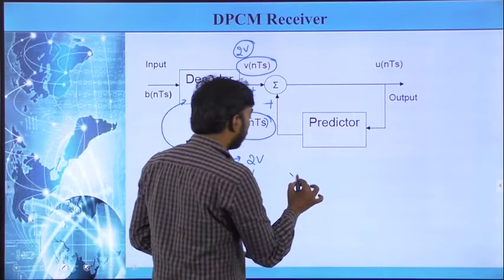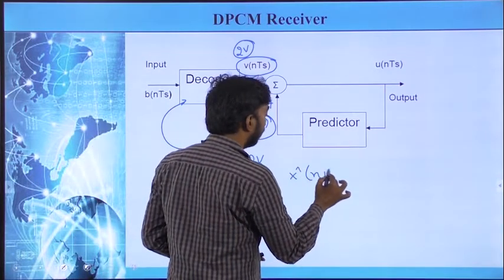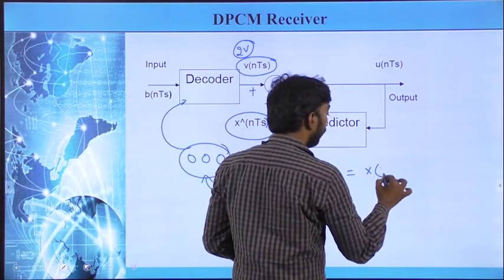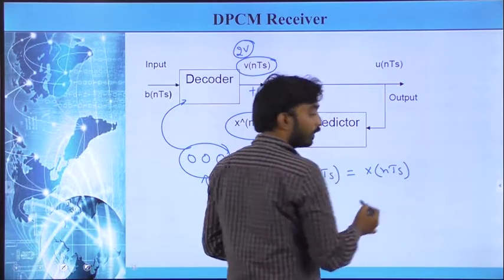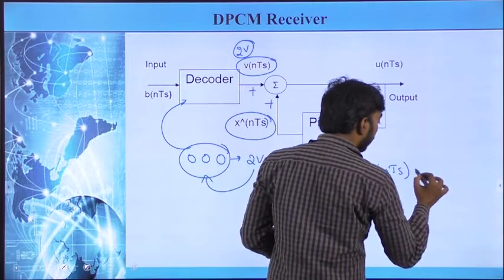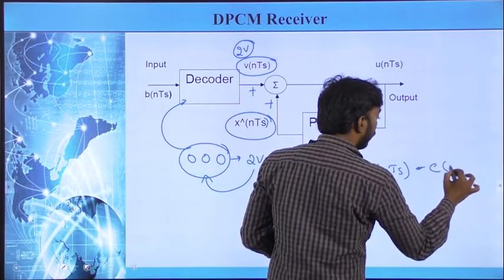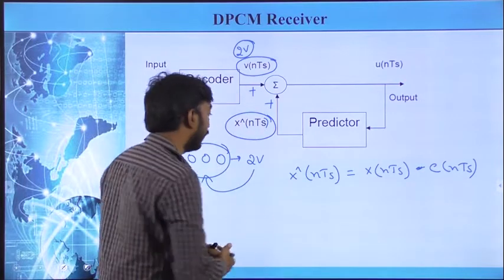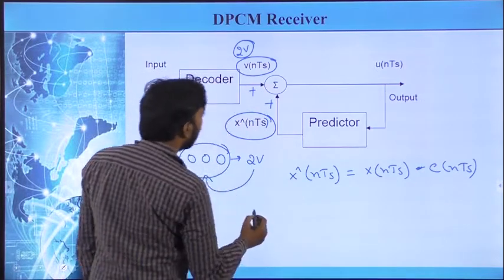That means X cap of nTs, which is equal to X of nTs minus E of nTs, right? E of nTs. That means this I am adding.